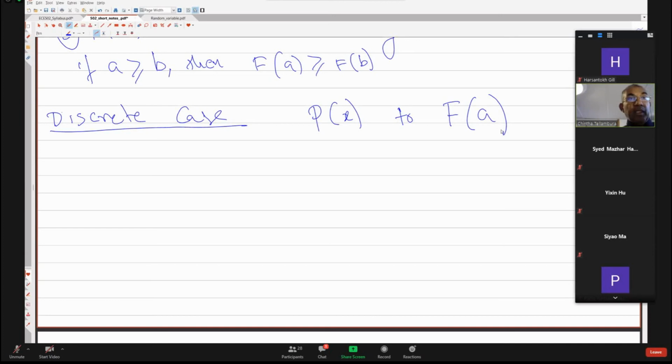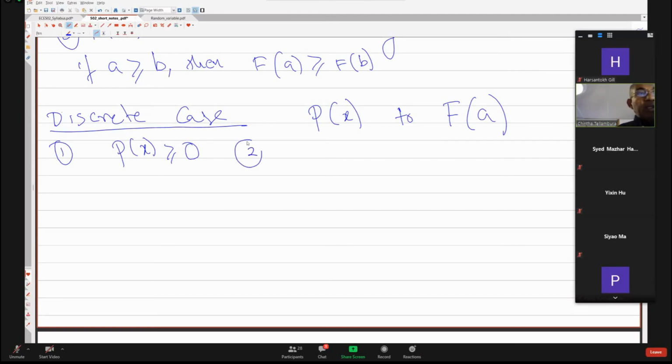So also let me quickly mention a couple of properties. Number one, the probability mass function is non-negative. It cannot be negative. So P(x) is zero or a positive quantity, right?